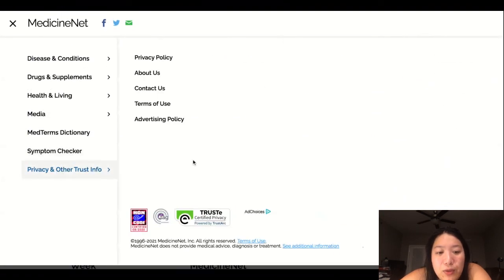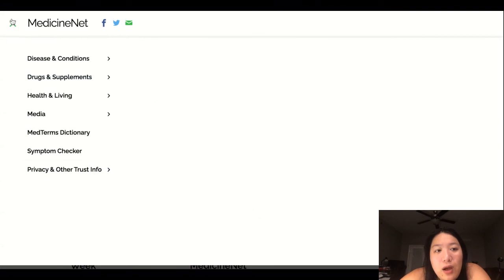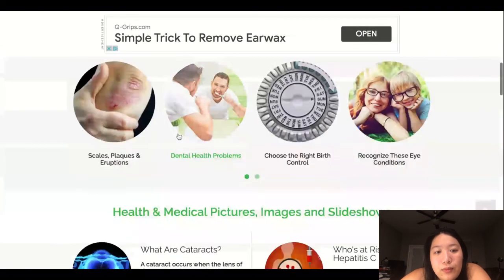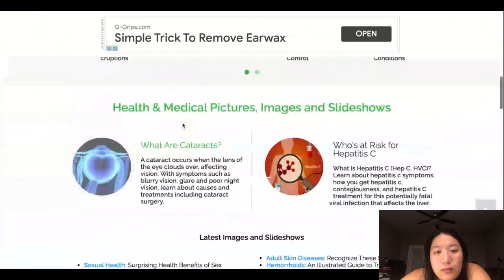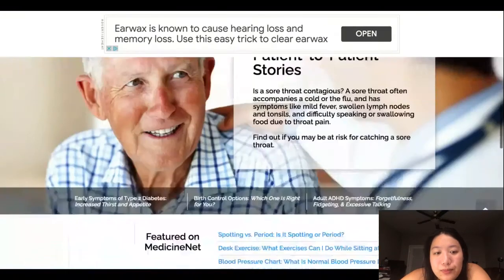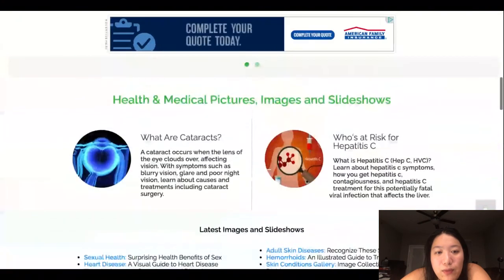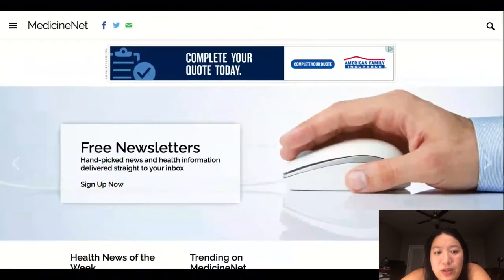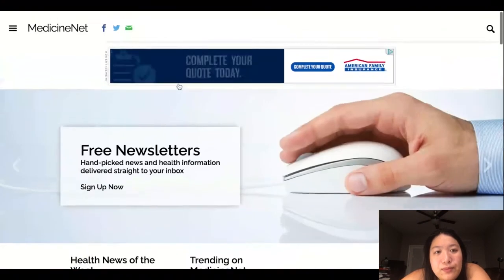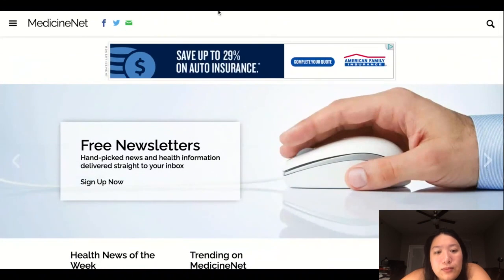And then there's also more information on here as well, like this. And there's also, of course, as mentioned before, different articles and things you can read and newsletters. So yeah, that's one resource that I found useful.